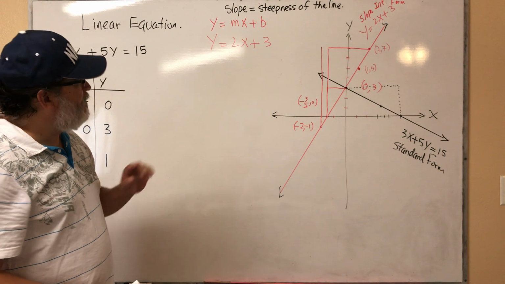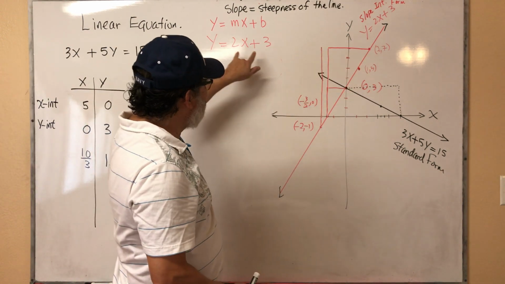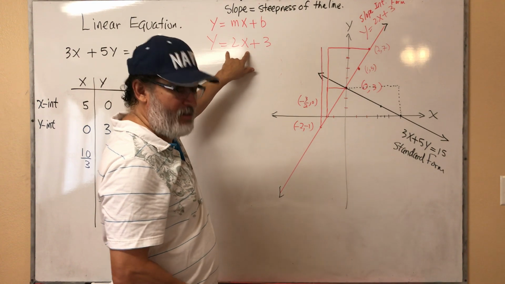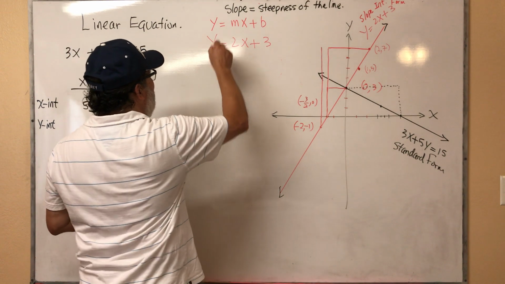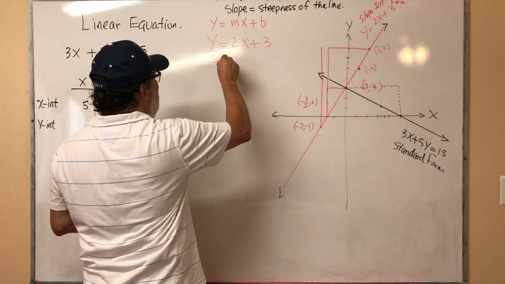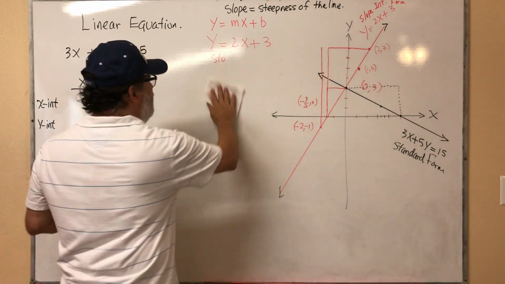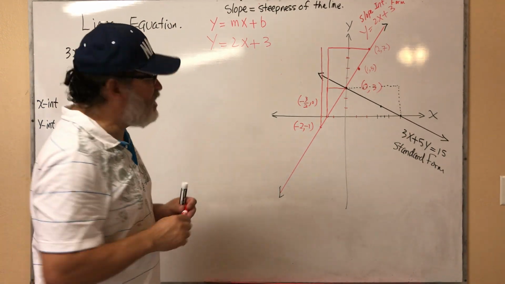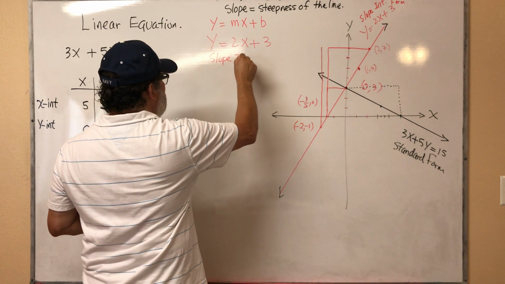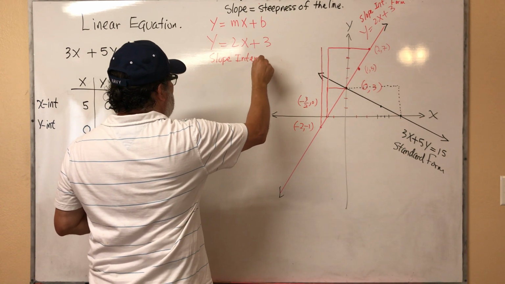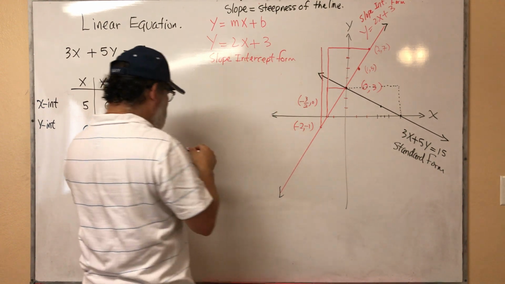You notice how the red line is in slope-intercept form. Why?